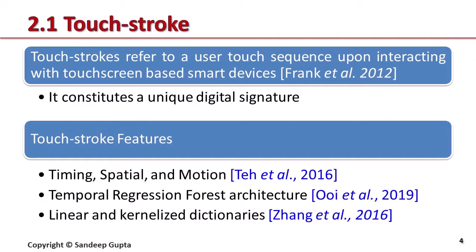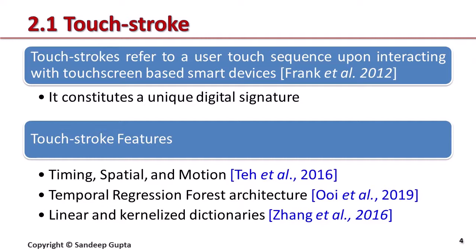Touch strokes refer to a user's touch sequence upon interacting with touchscreen-based smart devices. It generates a unique digital signature while users navigate a touchscreen with their finger. Features for touch stroke can be divided into 3 categories: timing, spatial, and motion.